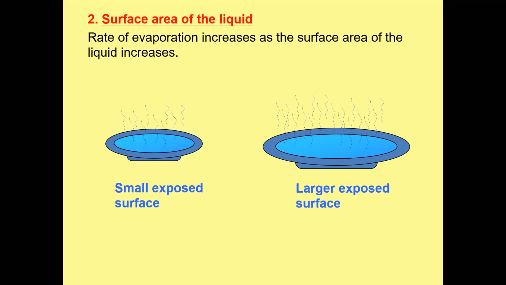At the surface of the small container, few molecules are exposed, but in the large container, a greater number of molecules are exposed to the surroundings. Which one do you think evaporation will occur at a faster rate? A or B?